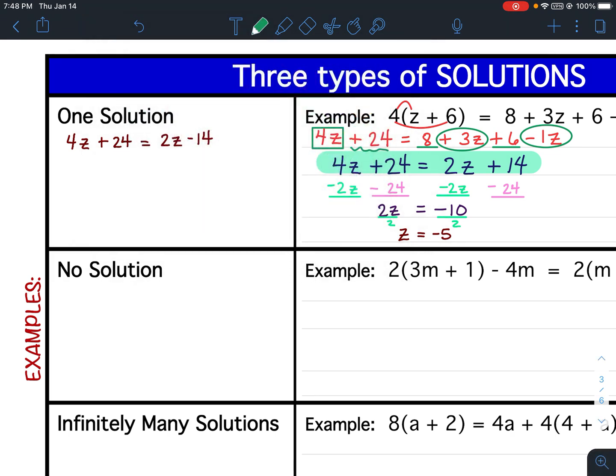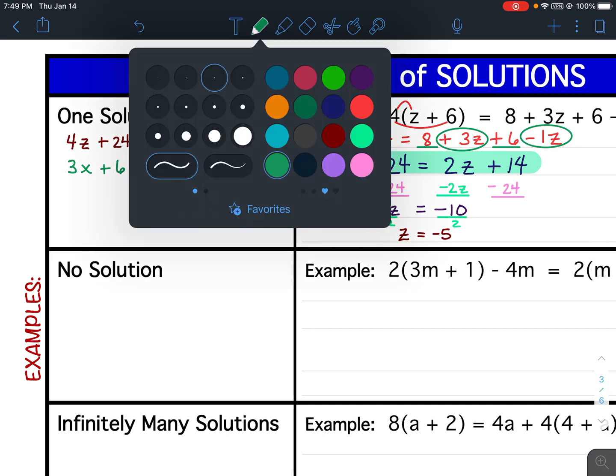Or maybe 3x plus 6 equals 24. So that's an instance where there's only one variable term. If there's only one variable term, then it's going to be a one solution problem.